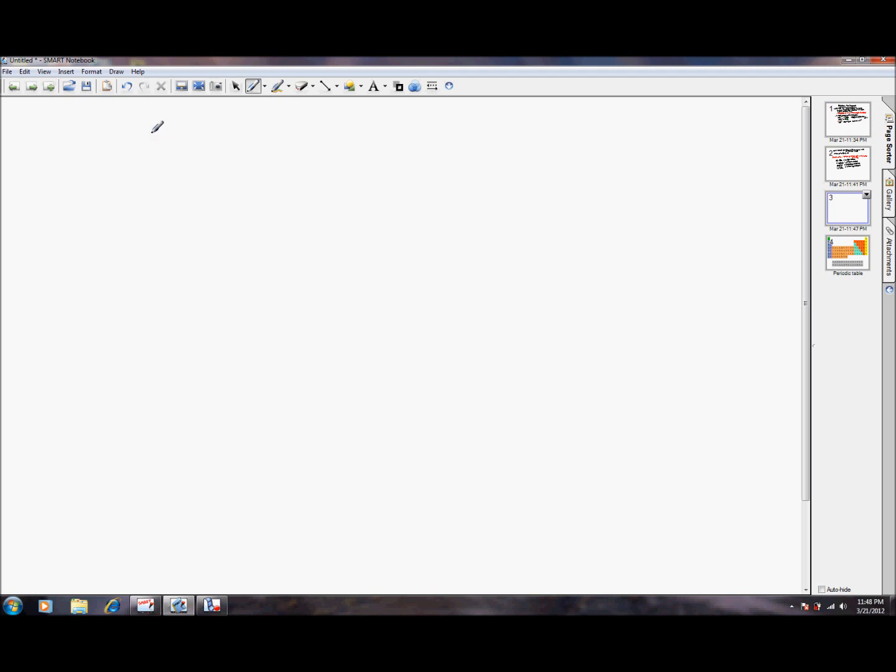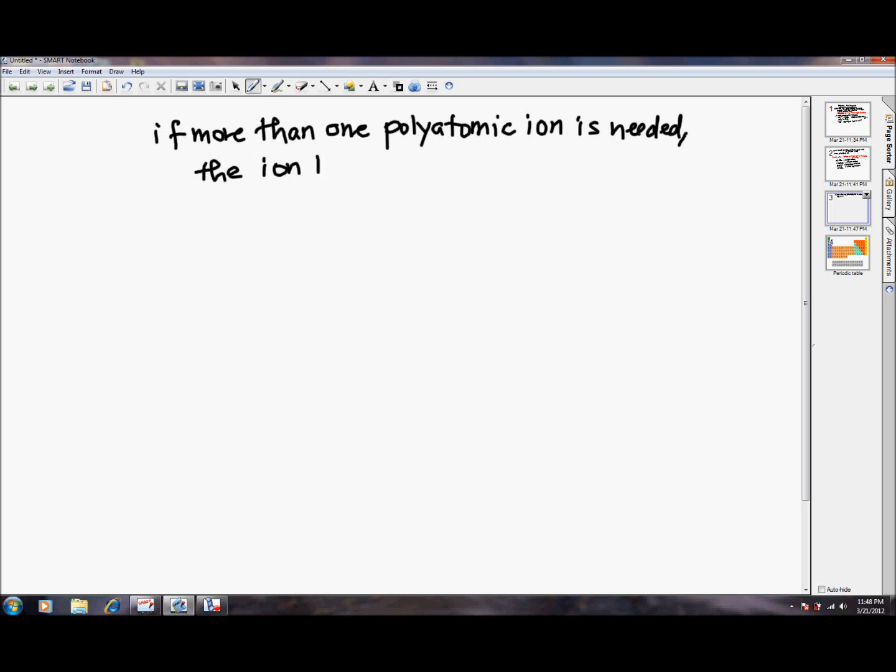For polyatomic ions, it's that if you need more than one of the polyatomic ion groups, so you need 2 ammoniums to balance out a negative charge, then you write the formula in a set of parentheses.